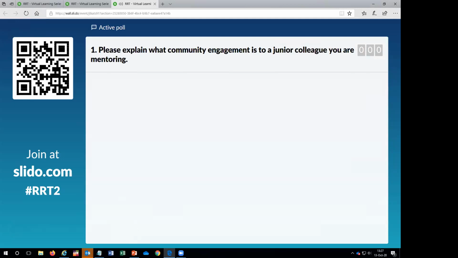You write down the way you would explain community engagement to one of your colleagues you are mentoring. The second one is: explain to your junior colleague why it is necessary for rapid response teams to work with the community.